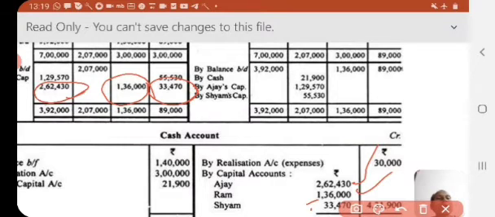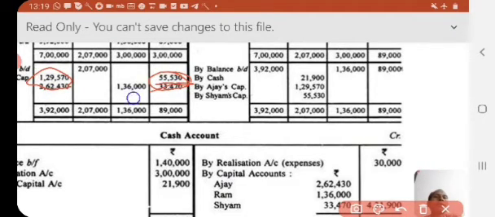Okay, but the loss is borne by two partners because these two partners have the credit balances. This and this. Okay, this loss: 21,900 is brought by the insolvent partner himself, that is collected from his estate, which is realized by selling his estate.